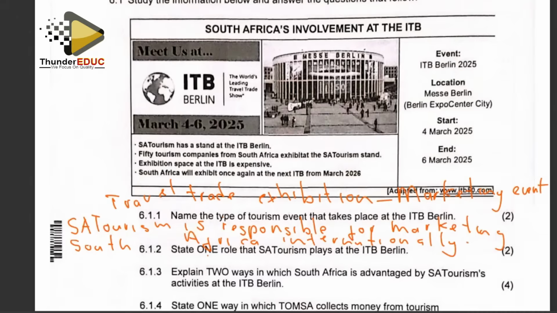So explain two ways in which South Africa is advantaged by SA Tourism activities at the ITB. So South Africa enjoys the following advantages there. We do have increased inbound tourism. There's an increase in inbound tourism.